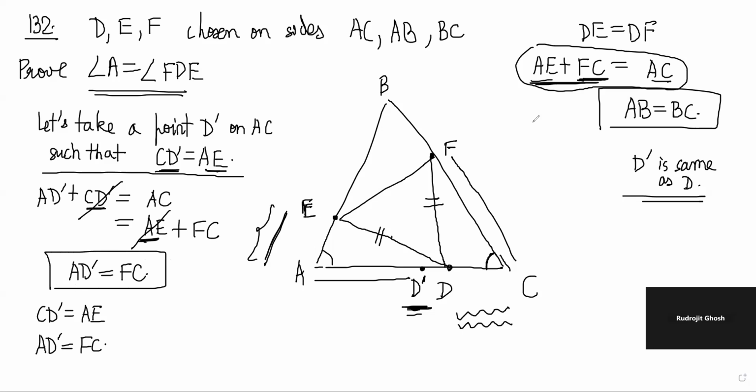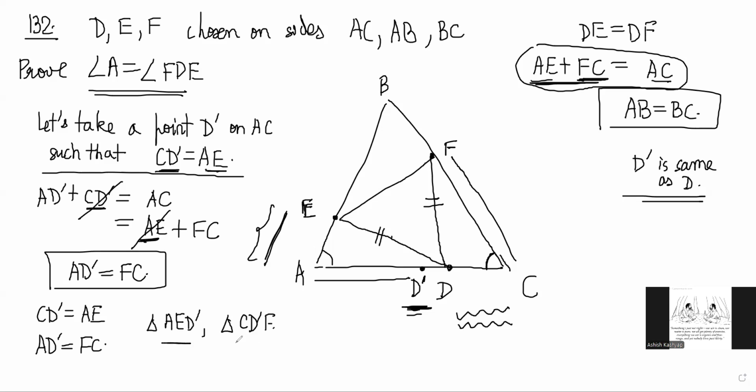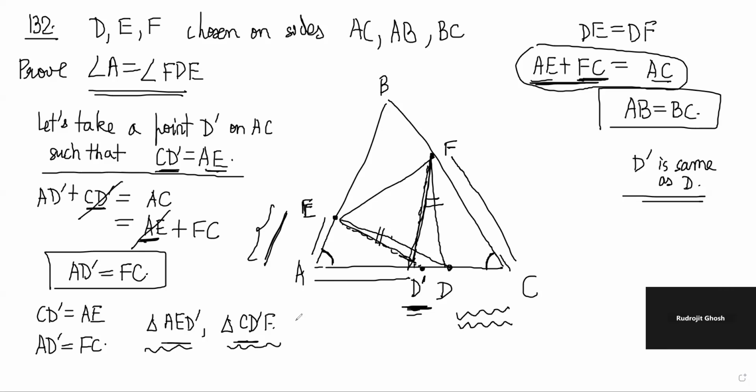So now look at triangle AED dash and triangle CD dash F. So join an imaginary triangle CD dash F and AE dash D. Notice that there is a common angle and two sides are equal. Can you see that AE is equal to CD dash and AD dash is equal to FC, SAS?